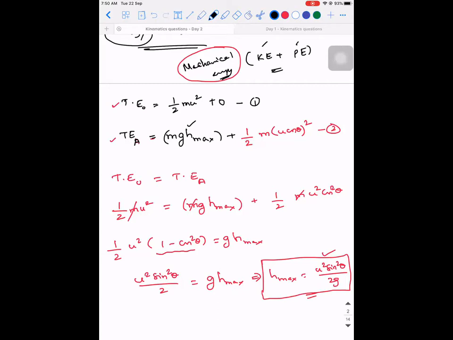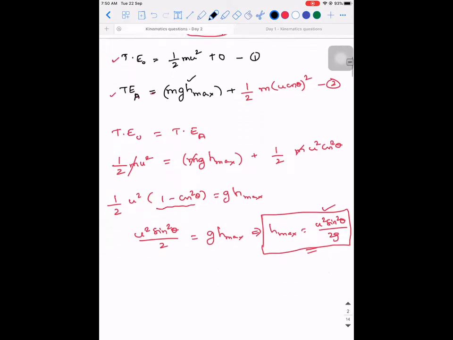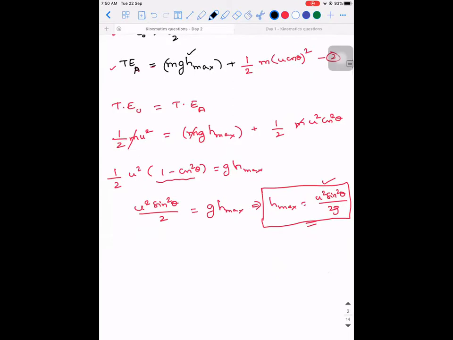Done? Yes, sir. Now see. Write an important note. When we apply the energy conservation theorem, sign convention is not taken into consideration.